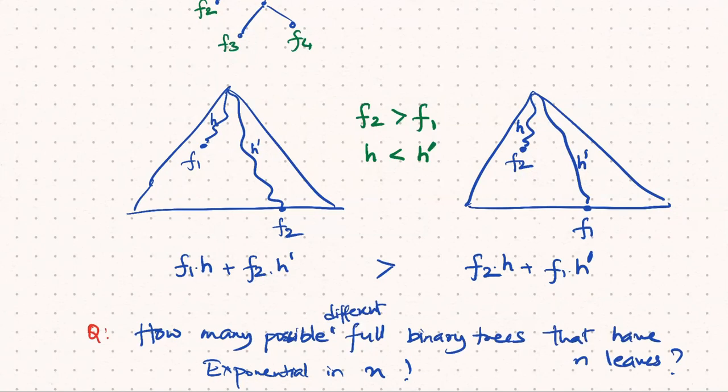So back in the days when this was an open problem, a particular instructor, I'm not sure who it was, was working on this problem and trying to find the optimal solution. And he shared this problem with the students. And I think Huffman was a graduate student, a PhD student under that professor.